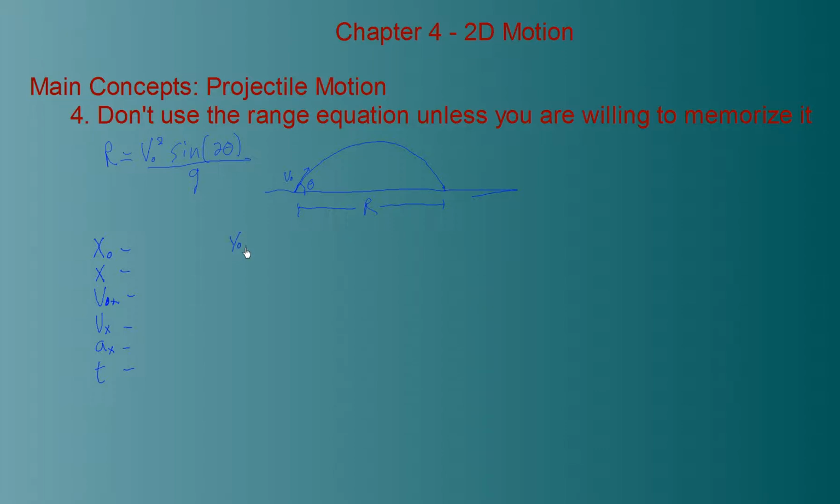Then over here we got y initial, y final, v initial y, v final y, a y, and t. And we know that there is no acceleration in the x direction. And we know that gravity, 9.8 meters per second squared, often called little g, is the acceleration in the y direction.